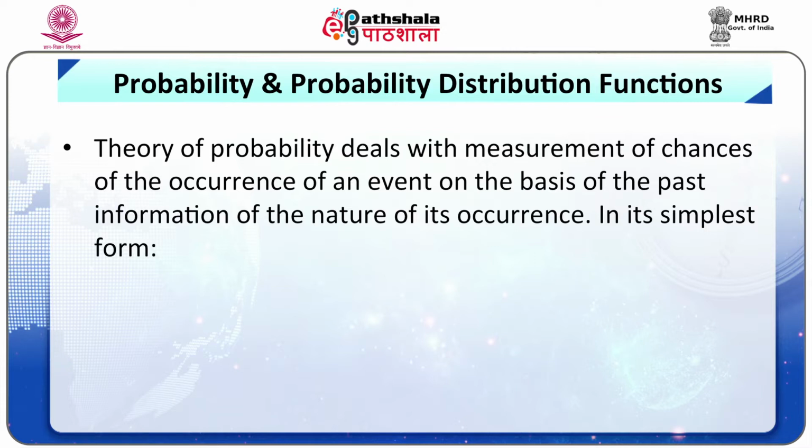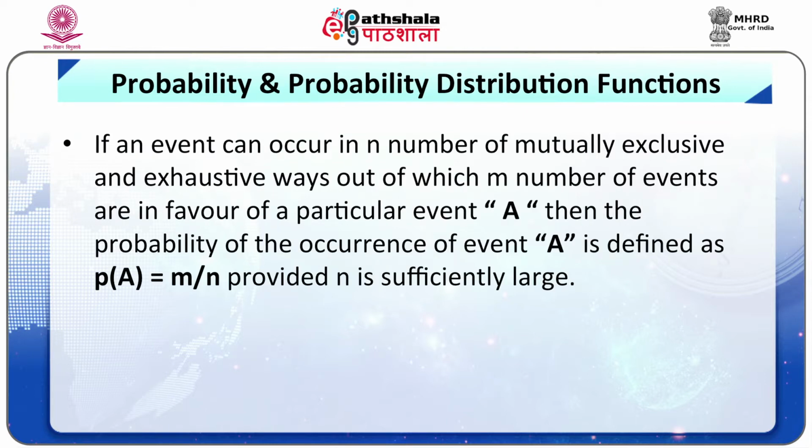In its simplest form, if an event can occur in n number of mutually exclusive and exhaustive random ways, out of which m number of ways are in favor of a particular event A, then the probability of the occurrence of event A is defined as P(A) = m/n, provided n is sufficiently large.